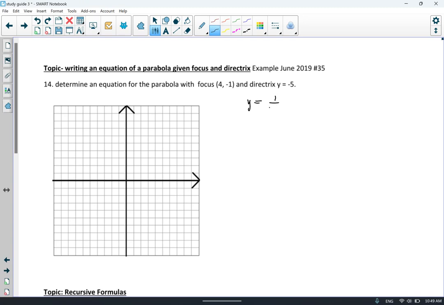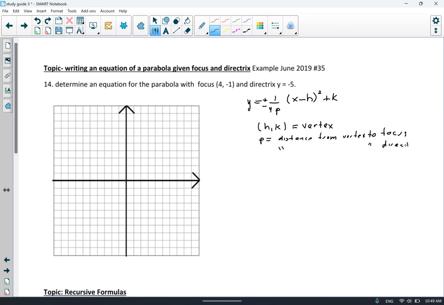So y = plus or minus 1/(4p) (x - h)^2 + k, where (h, k) represents the vertex of the parabola, and p represents the distance from the vertex to the focus, or from the vertex to the directrix.